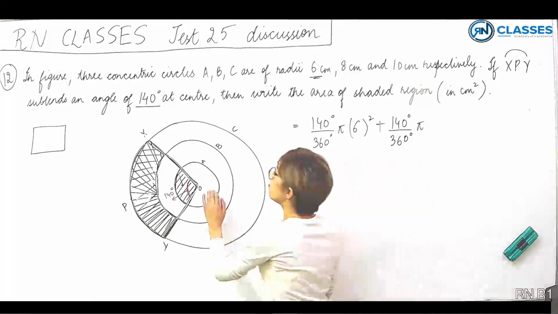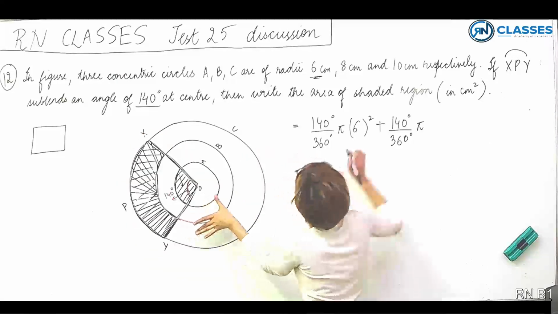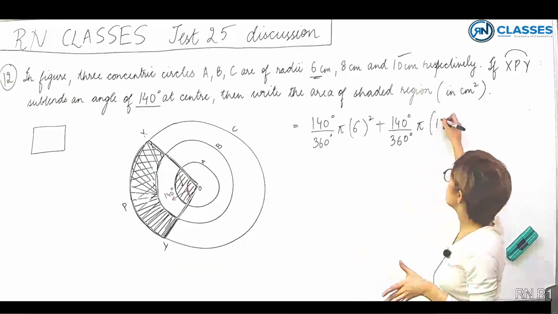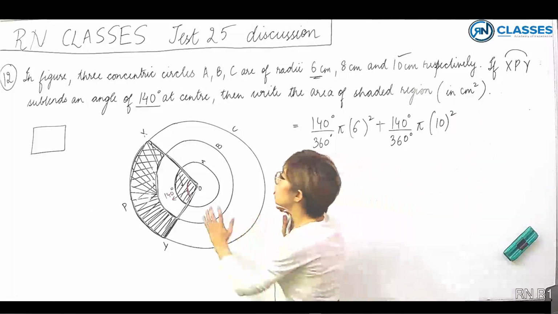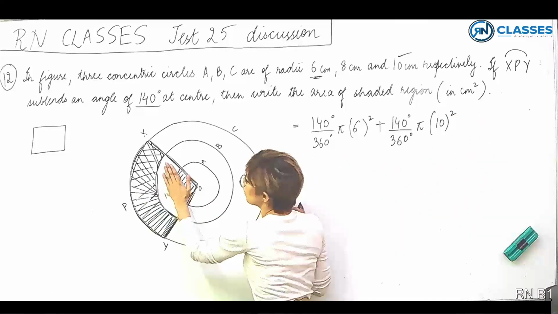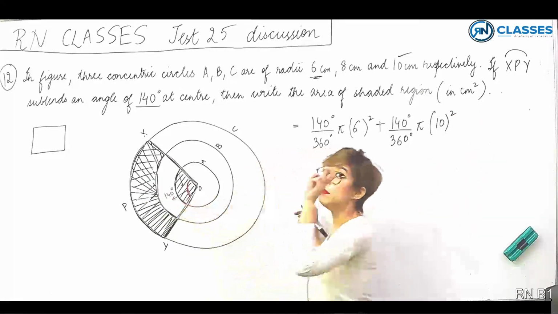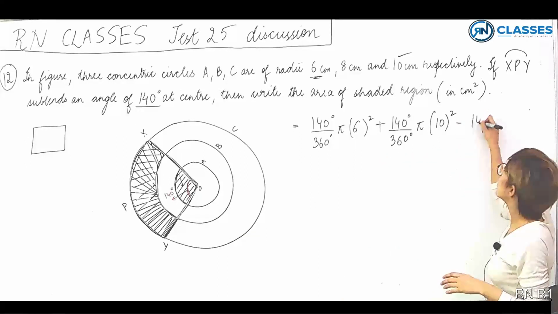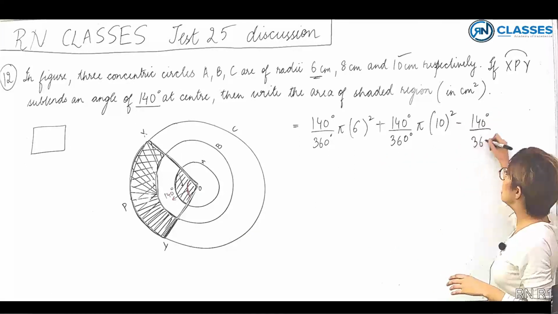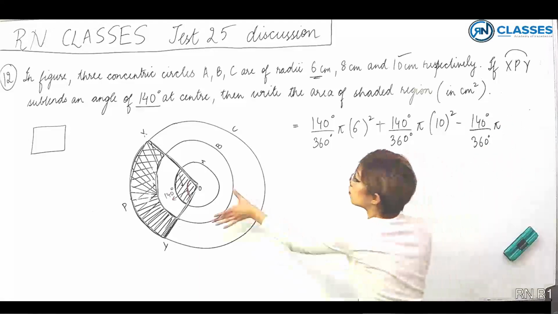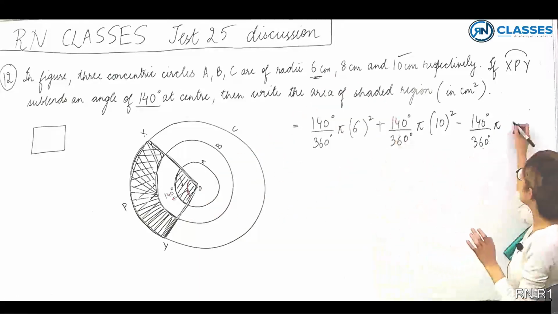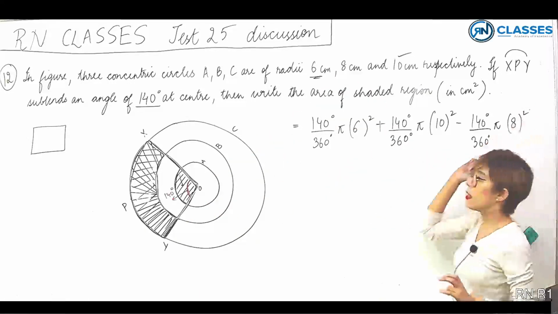Now, I am taking the bigger sector right now. So, my radius is 10. So, pi 10 square. Now, from the biggest sector, I'll subtract the middle sector, minus 140 degree by 360 degree into pi. Now, the radius of the middle one, that is 8. So, 8 square.